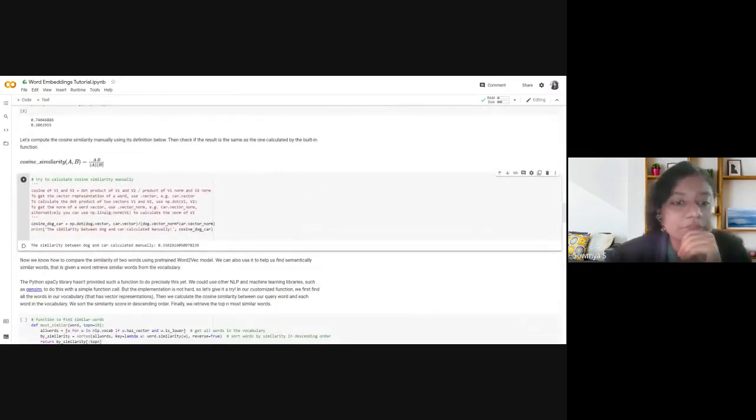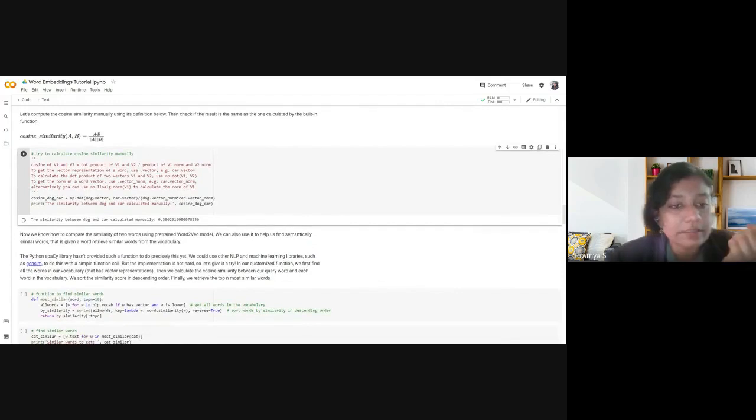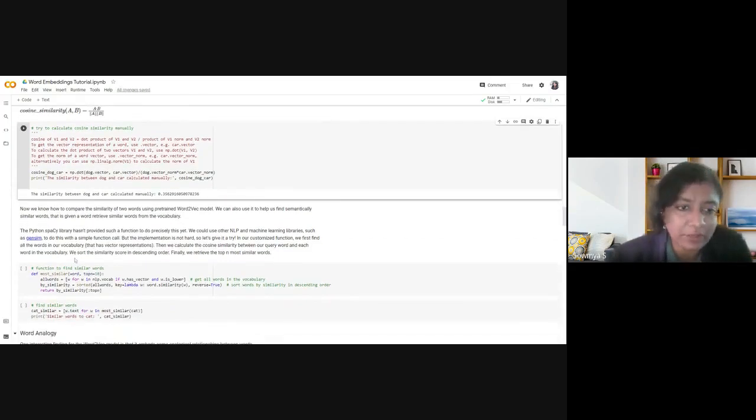Now we saw how to compare two words with the pre-trained vector, and now the interesting thing is we'll look at all the analogy functions where we have to retrieve things like that. So we define a function called similar.